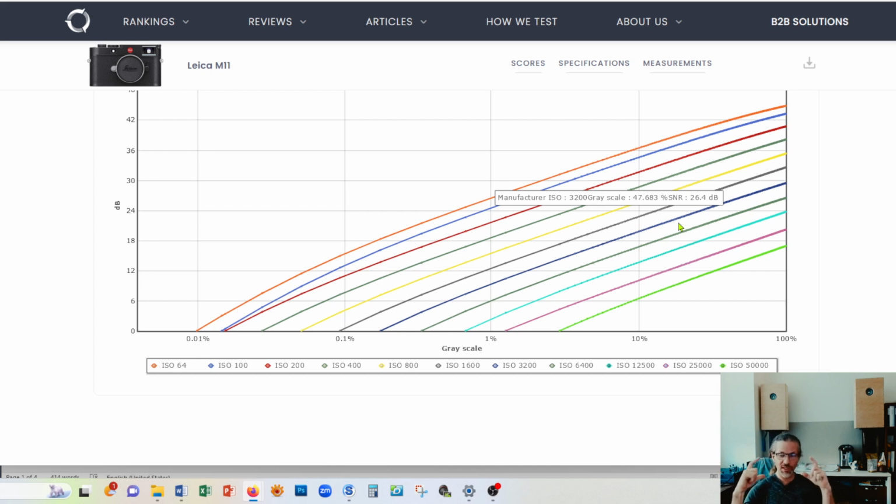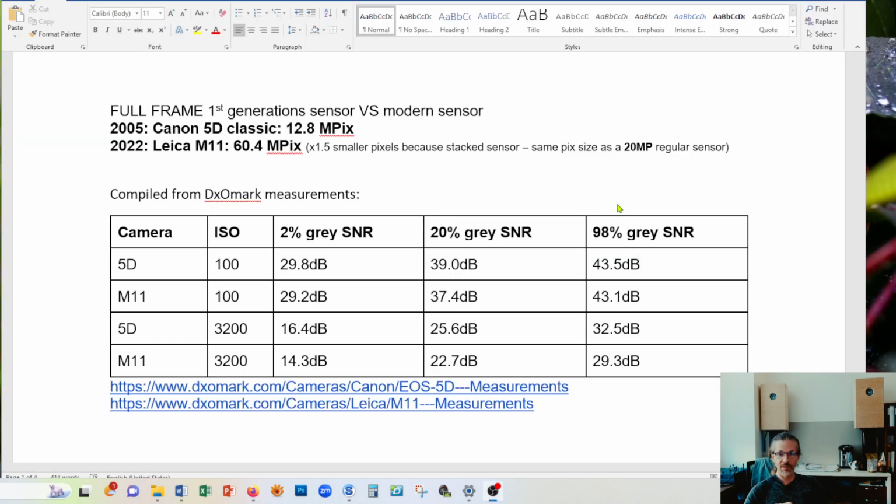Using the same parameters, equal footing, direct comparison, I'm comparing apples to apples. So the 100 ISO apple and the 3200 ISO apple, what is it that we see?